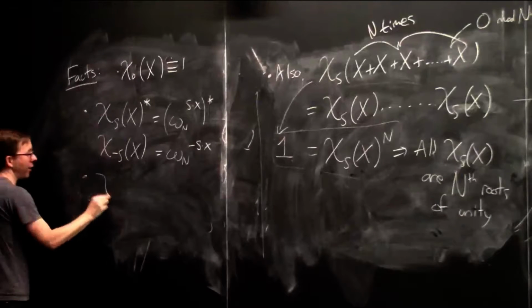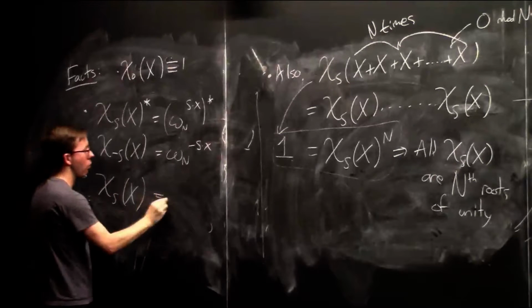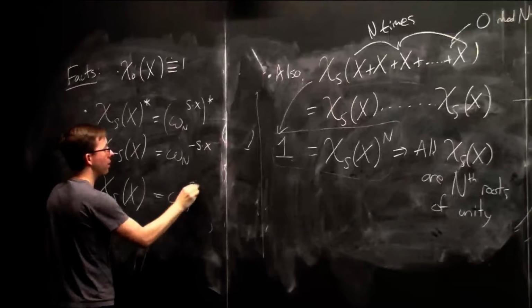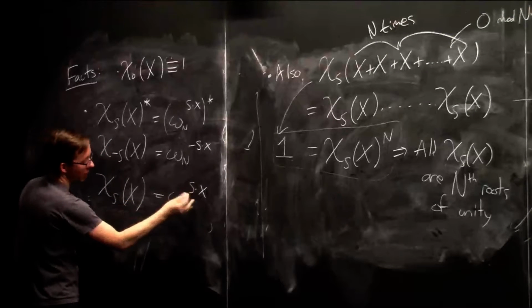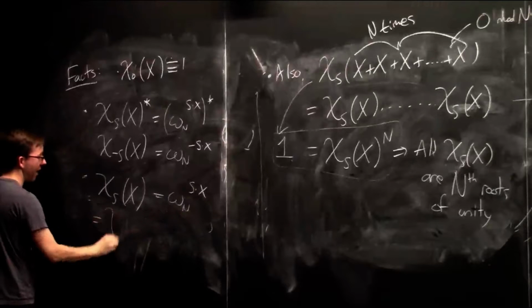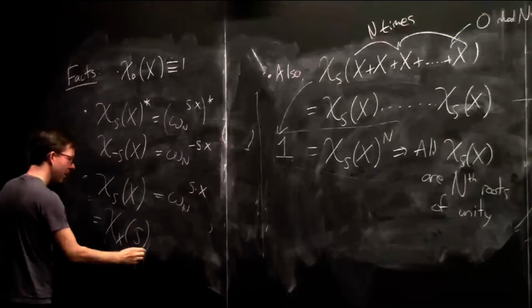Another fact, which also holds for the Boolean Fourier transform: this is the definition, and multiplication is commutative, so I could reverse these. That tells us that chi s of x is actually the same as chi x of s.